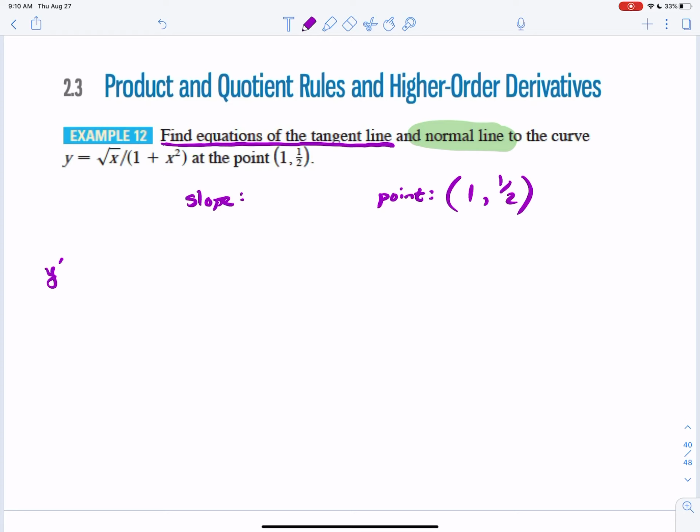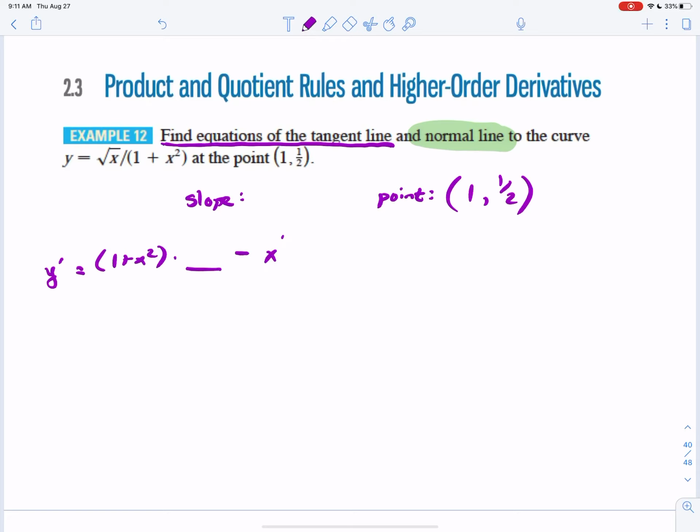Okay, so here, can we avoid the quotient rule? Because there's a quotient right there. We have the square root of x all over the 1 plus x squared, right? So there, since there's two terms in the denominator, we're probably going to have to just use the quotient rule. So here we go. Quotient rule is we started with the bottom times derivative of the top minus the top.